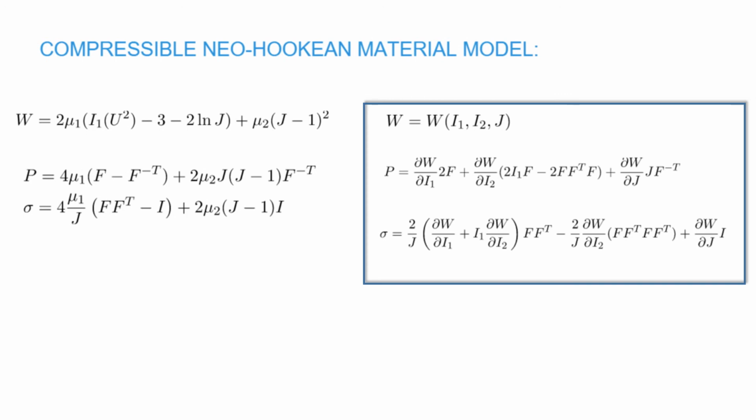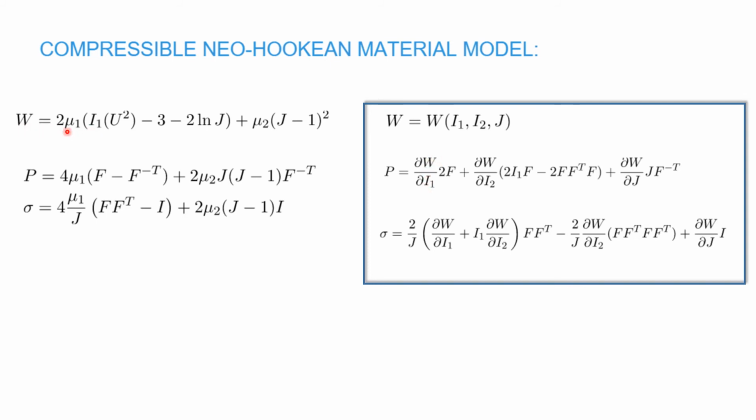Here's another example, the compressible Neo-Hookean material model. The difference between this material model and the previous one is that we added expressions function of J, which is the determinant of F. Again, this is the general expression for P. First, I need to take the derivative of W with respect to I1.